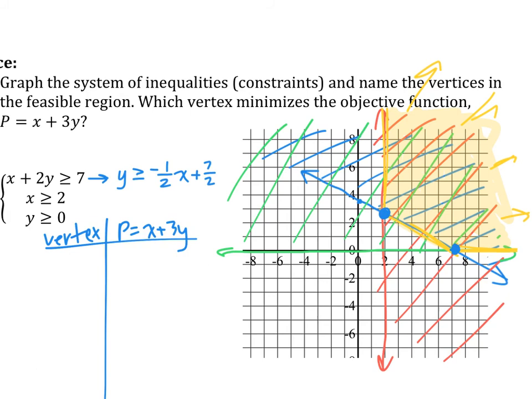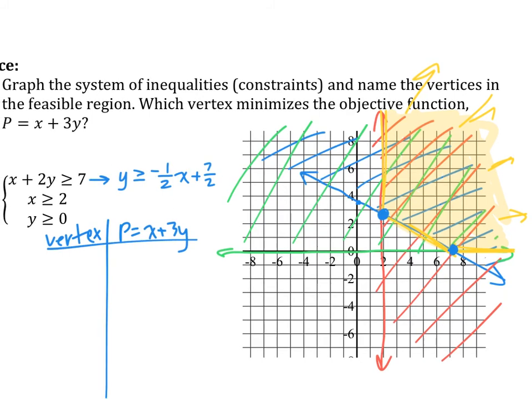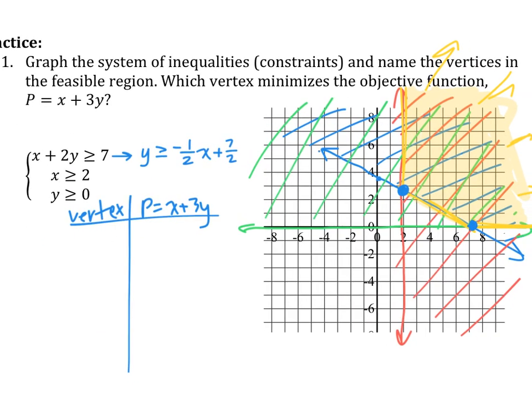Okay, this point here, I want to say it's 7, 0, but I'm not really sure. So remember, how do we figure out what that actual point is? We take this blue line and ask where it intersects with the green line. The green line was y equals 0. So when is y equals 0 intersecting my first equation?